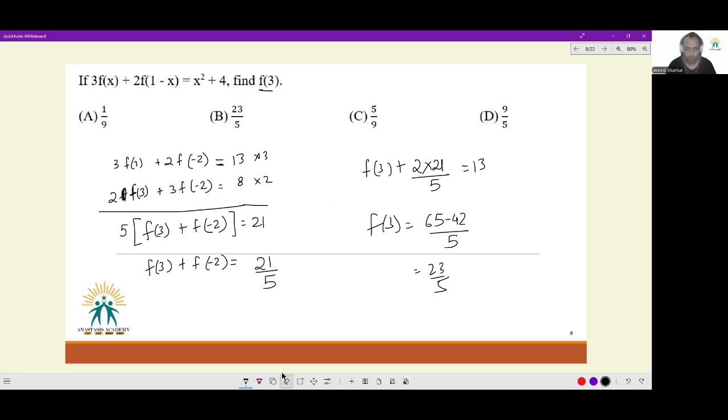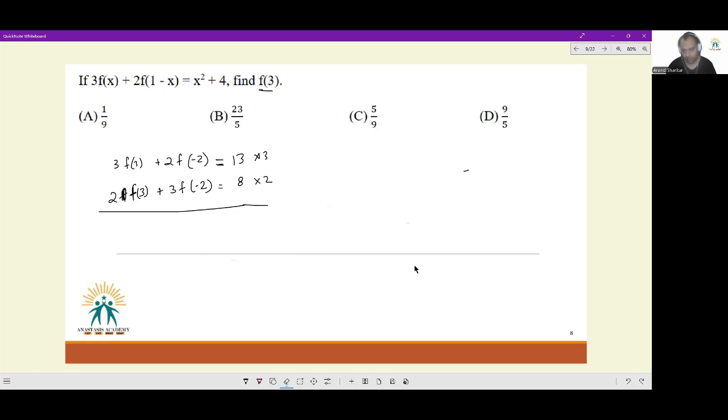I also want to show you a thing about multiplication by 3 and multiplication by 2. This simultaneous solving is not just for functions. Hopefully you can see here, people after the multiplication tend to write down the full expressions. You don't really need to.